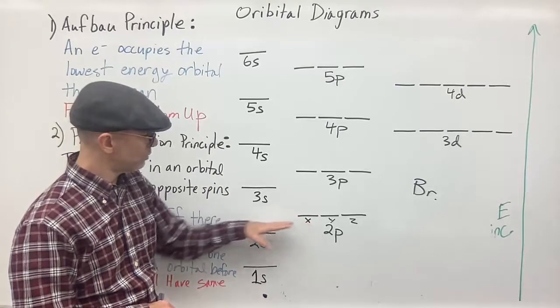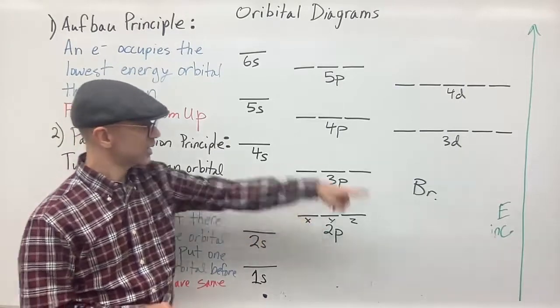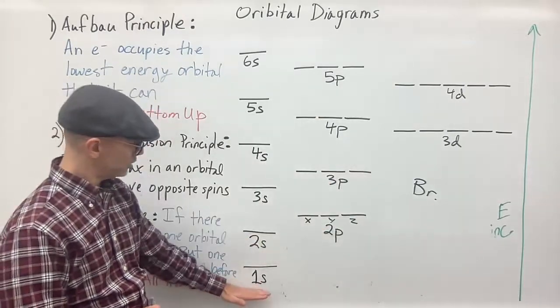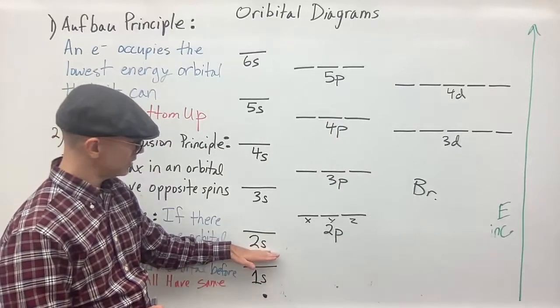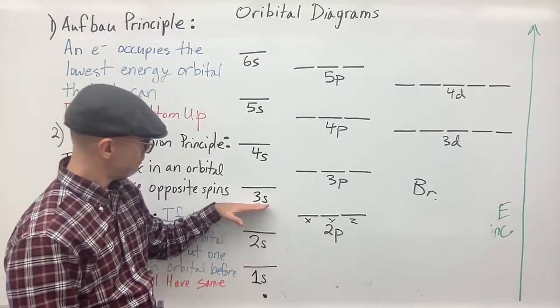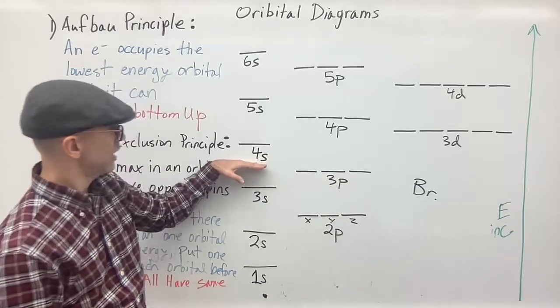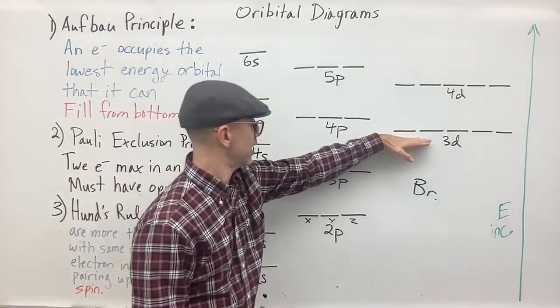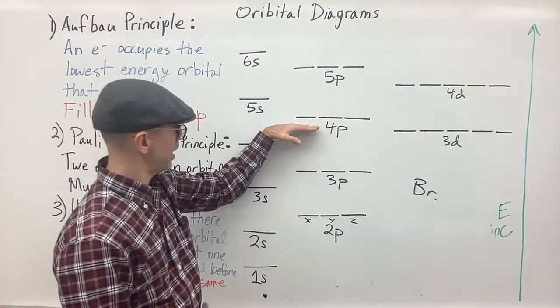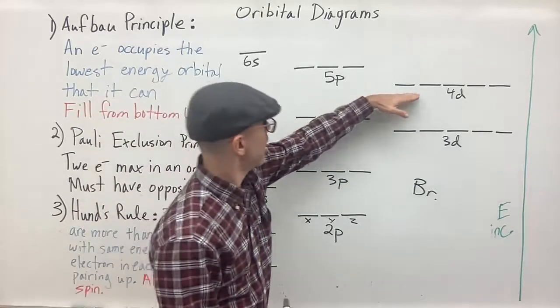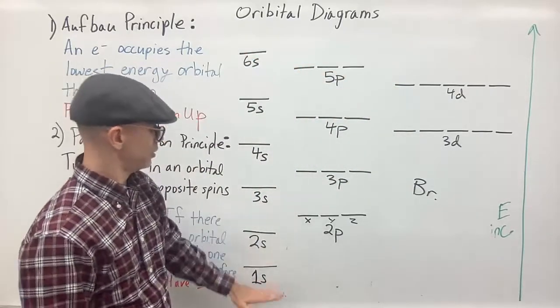So these are building up. You can see where the energy is increasing. So this is lowest energy. This is the next lowest. This is next, and then follow here, and then this one, and then this one is next, and then this one over here is next, followed by that one, and so on. So we're following the order of the energy level.